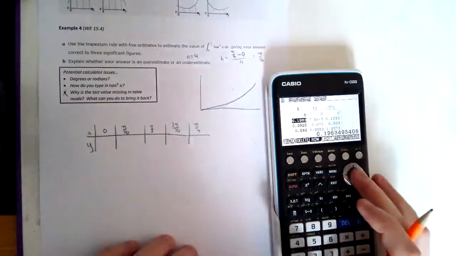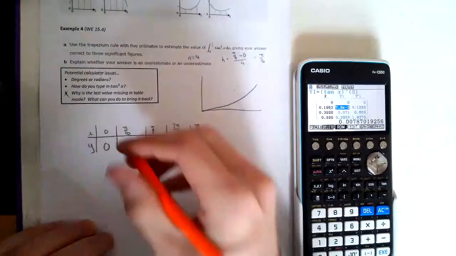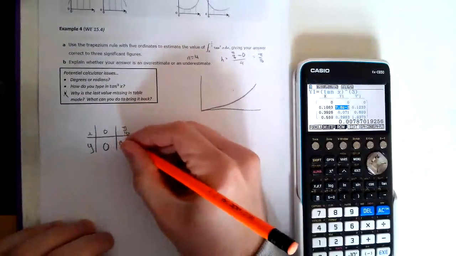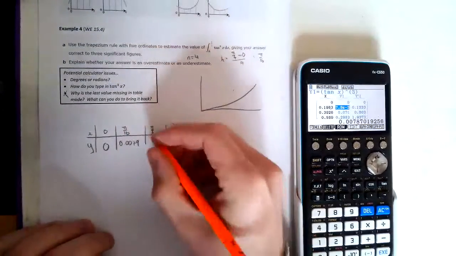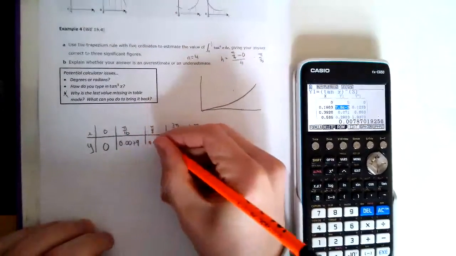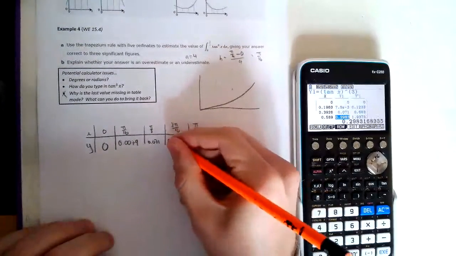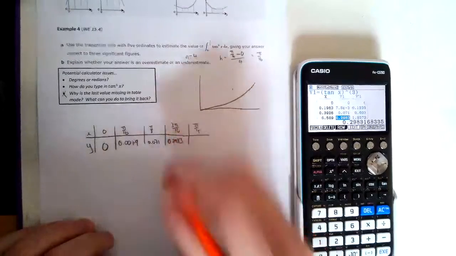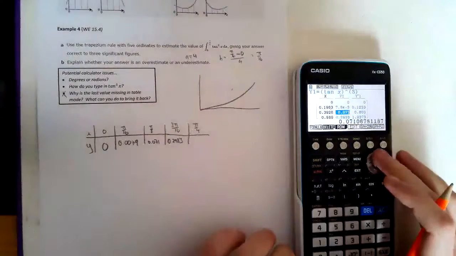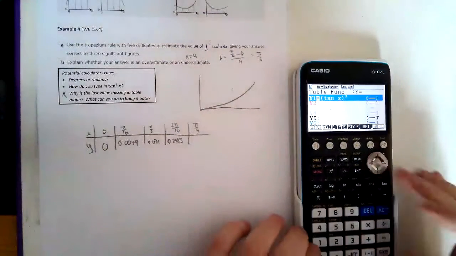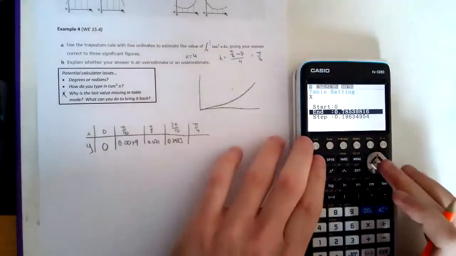Draw that table, and so we get 0, we get 0.0079, then 0.071, then 0.2983, and okay, has one missing. Okay.